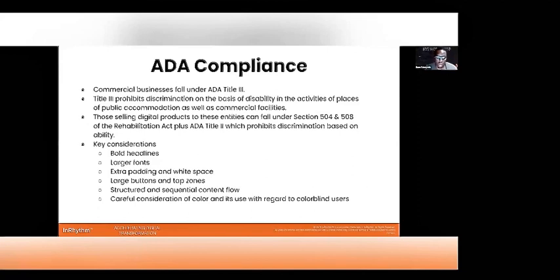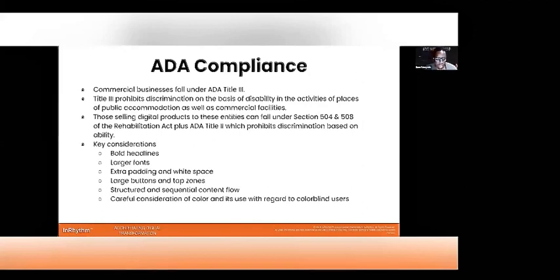Also, extra padding and white space: make sure that components have enough space between each other, and that things are not too close to the edge of the screen. Large buttons and tap zones: make sure your tap zone is not too small. Also, structured and sequential content flow. I'll show that a little later, and Ilya will get into this also when we demonstrate how the screen reader and VoiceOver will go through each accessible element.